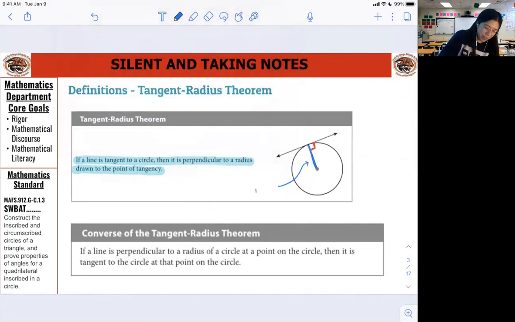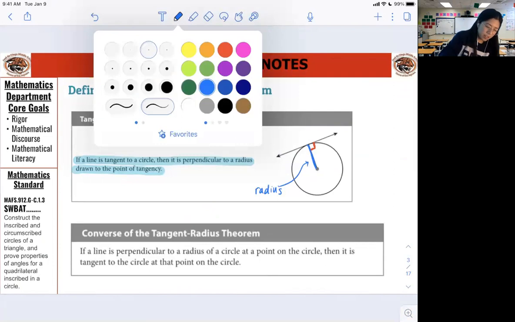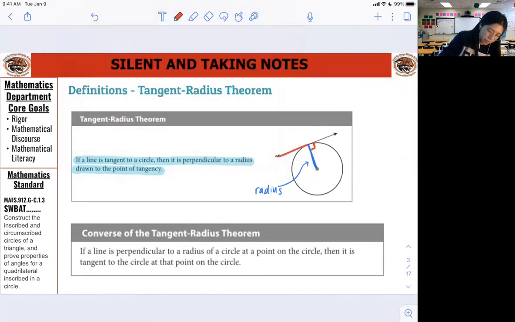So again, here's my radius, and here's my tangent line. When you connect them, you get a right angle. The tangent radius theorem.